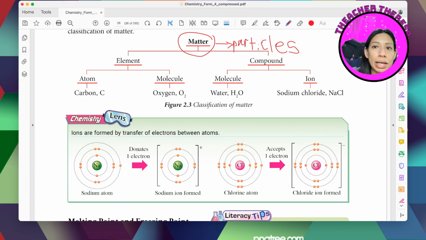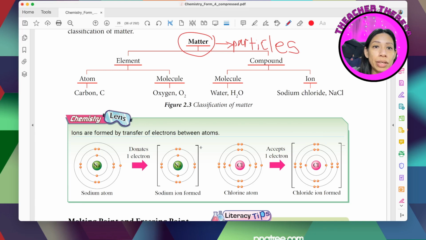Now, when we have atom, molecules, and ion, they make up different kind of matter. As we know, matter is all around us, but of course, matter come in different size and shapes.